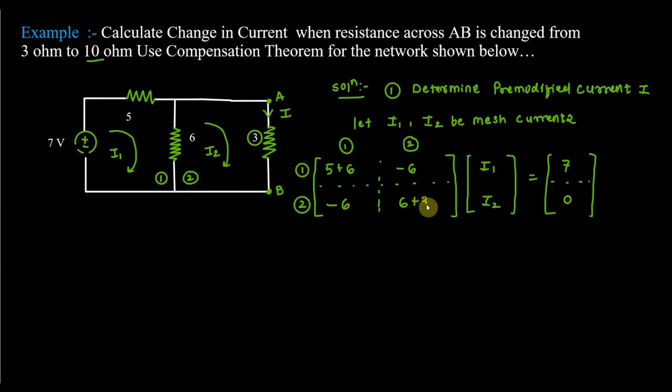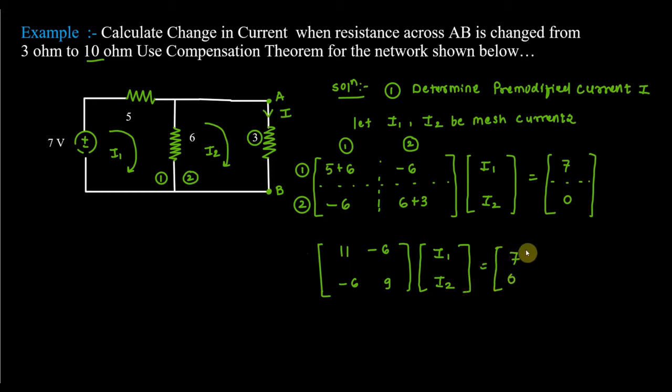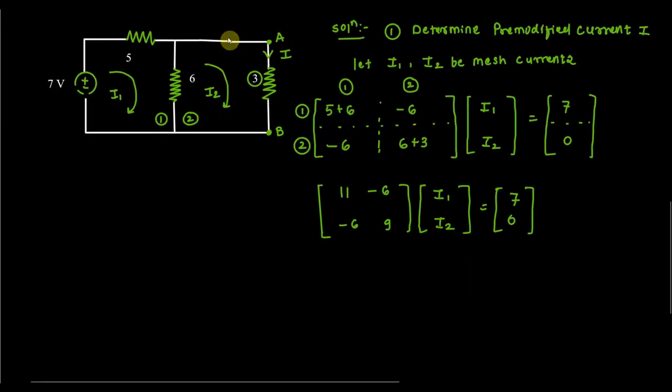Now rearrange that: 11, minus 6, minus 6, 9. This multiplies I1 and I2, and should equal the voltage matrix, 7 and 0. Now I want only the value of I2 because I2 is equal to I.